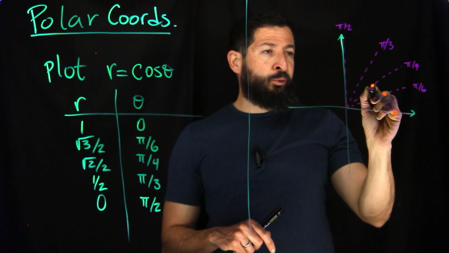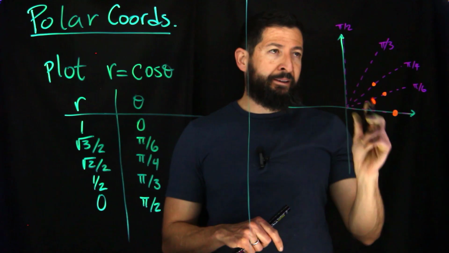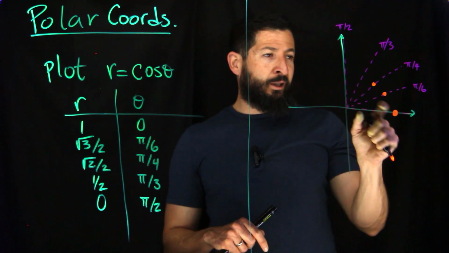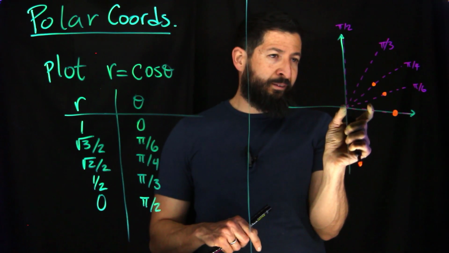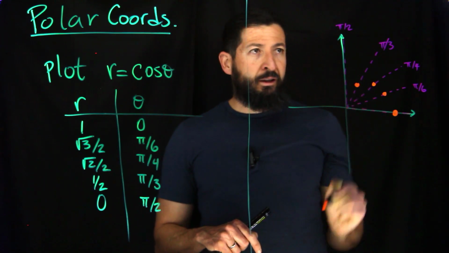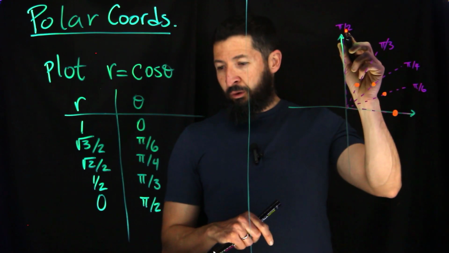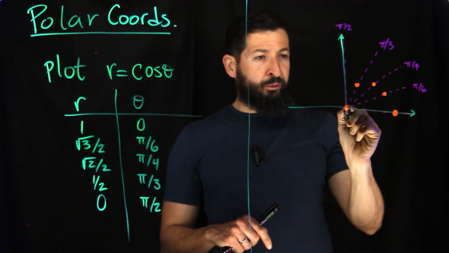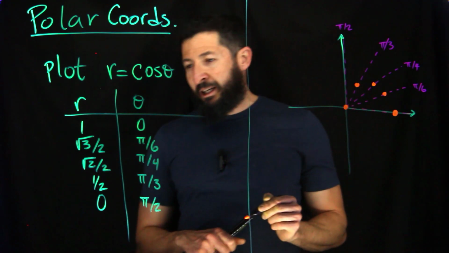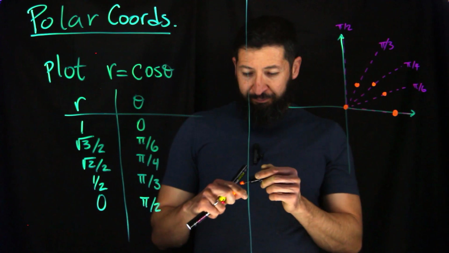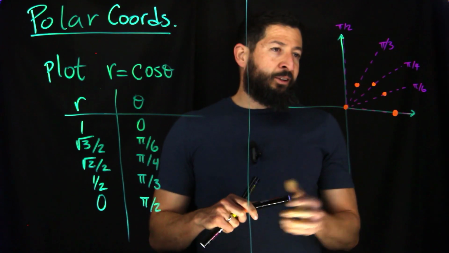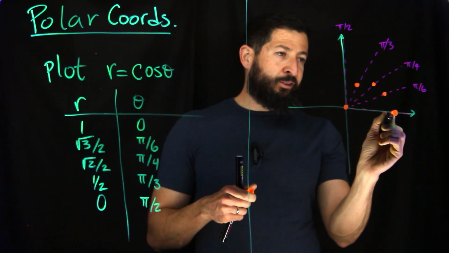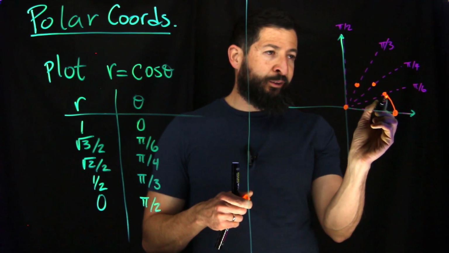Then at pi over 4 is root of 2 over 2, somewhere there. At pi over 3 is going to be 1/2. So if this is 1, 1/2 is roughly here. And then at pi over 2, I go down to 0. So I get that in my first quadrant. So that curve looks like this first half.